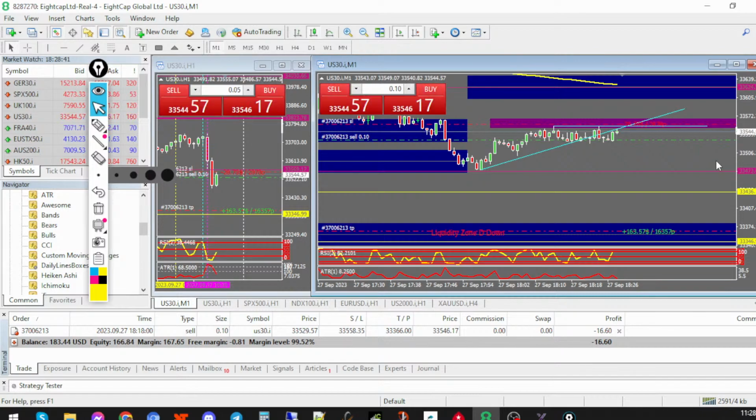All right, price is looking like it wants to push up, but we'll see what it wants to do. The market makers could just be playing around with us.